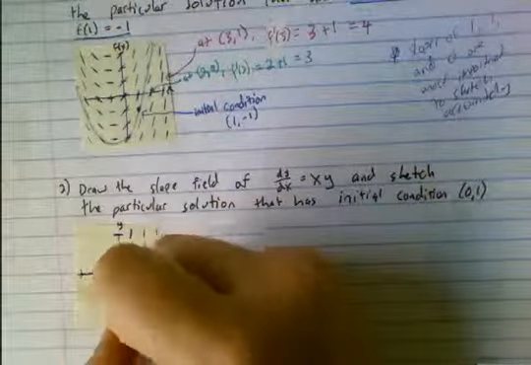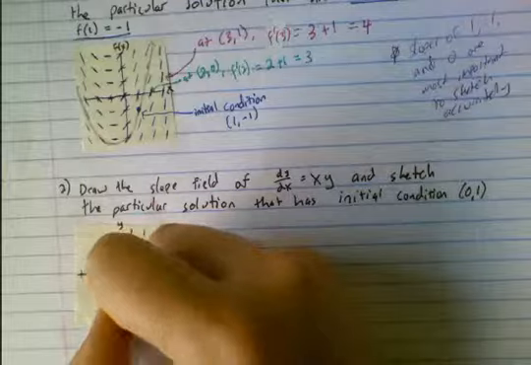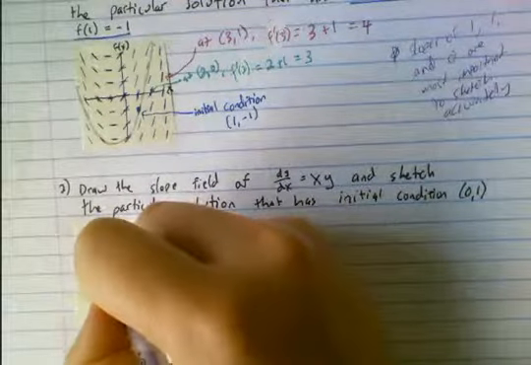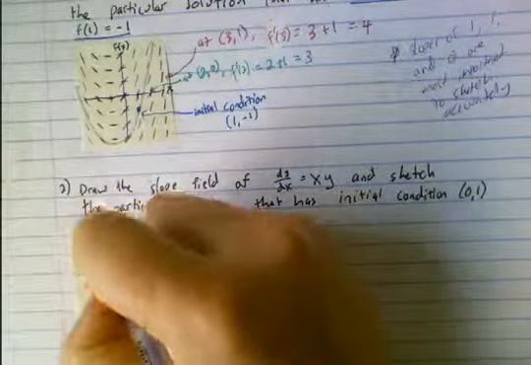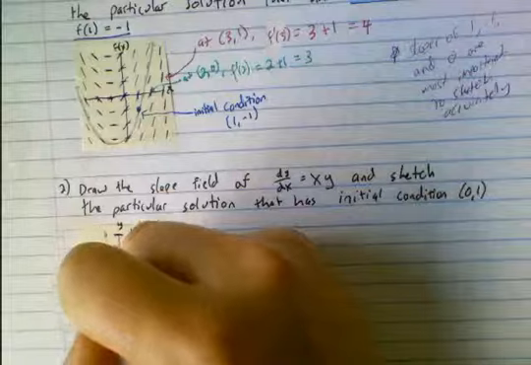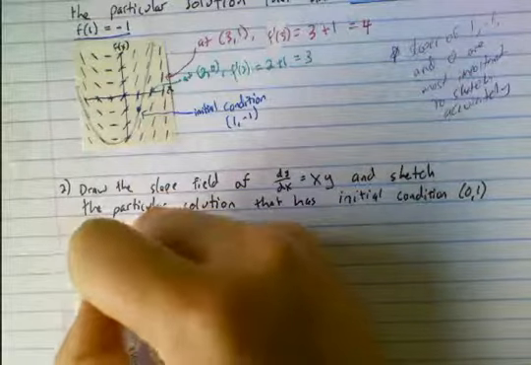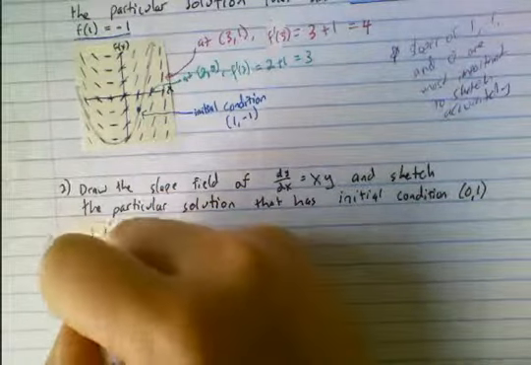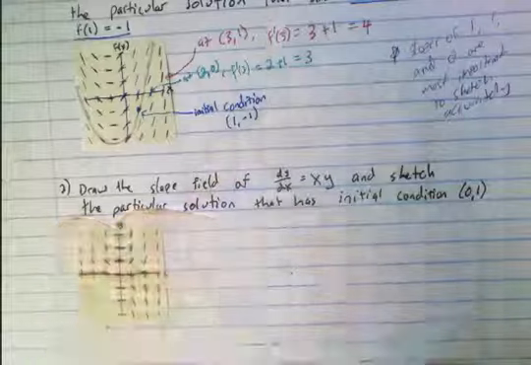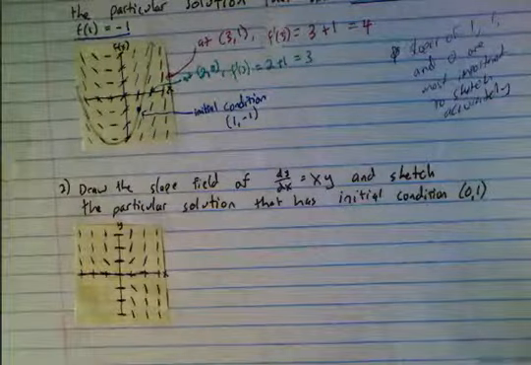Okay, so -1 times 1 is -1. -1 times 2 is -2, -3. -2 times 1 is -2. -3, -6, -9, and so on.